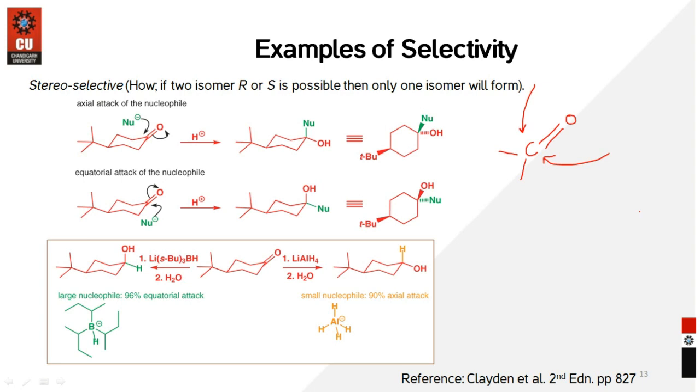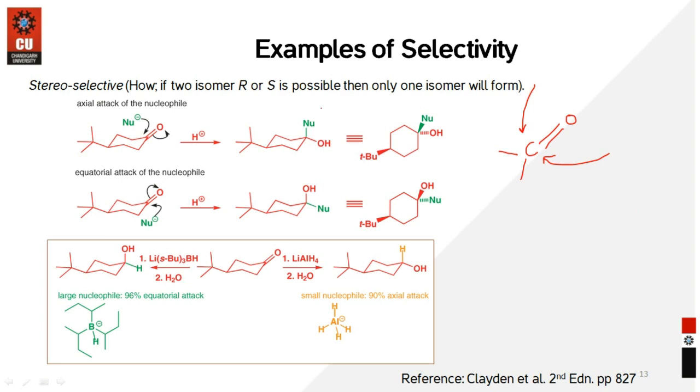If my reagent attacks from downward, then the OH group goes upwards. If your reagent is small, it can attack from any side, even if you have some bulky groups on nearby positions. So if there is no bulky group, you will get a 50-50 mixture.